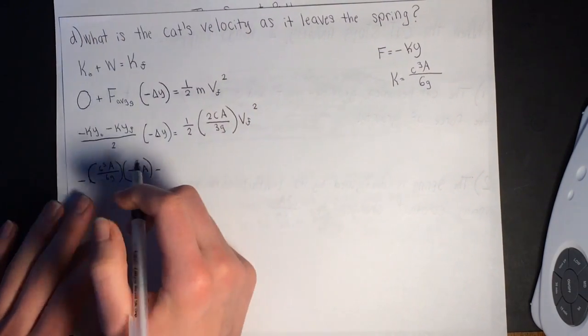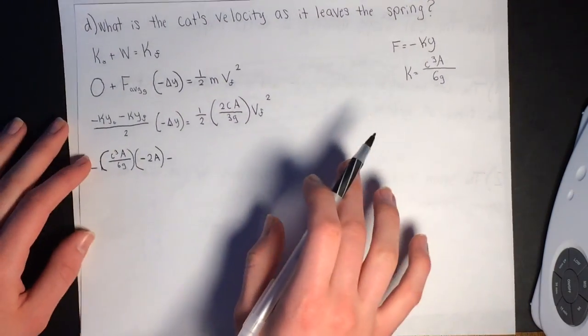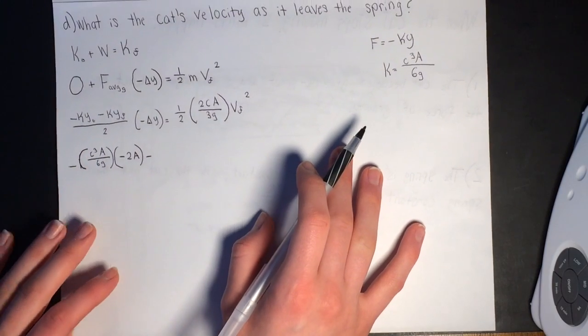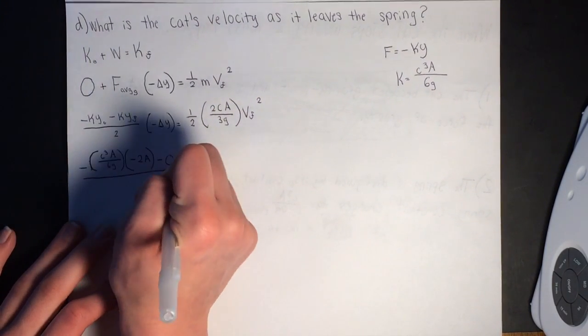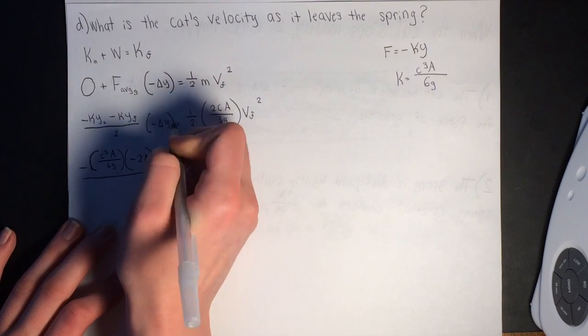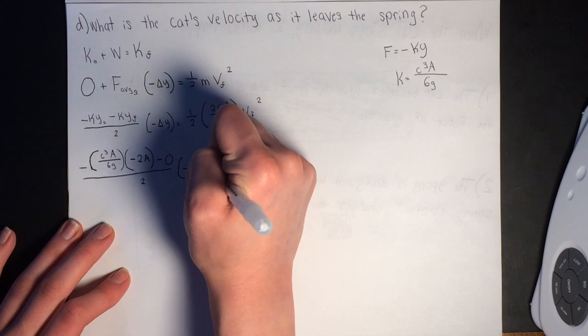Minus, and then y final is going to be 0 because that's when the cat leaves the spring. So we'll just say that's 0. Divided by 2 times negative delta y. Again, we know that delta y is negative 2a.